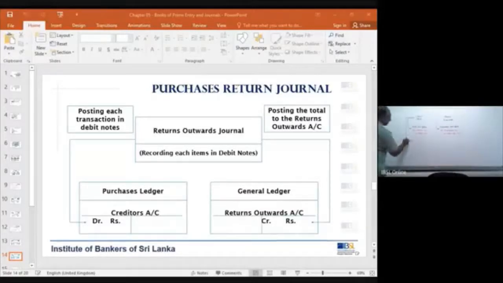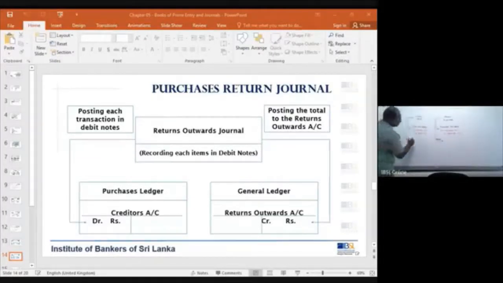there is a return. And here also there is a return. Okay, the sale is getting returned and the purchase you did is also getting returned.